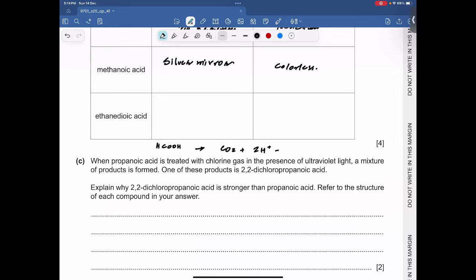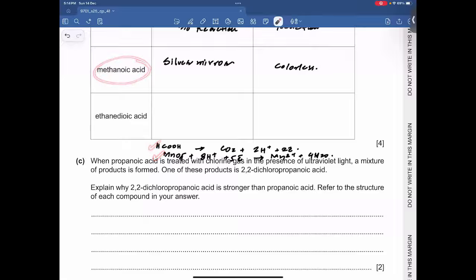So we need to put 2 hydrogen ions and 2 electrons here. And for MnO4 negative, it has to be like this. So this reaction takes place. As a result, color changes from purple to colorless. So these two half equations were used when methanoic acid undergoes oxidation with KMnO4, okay?